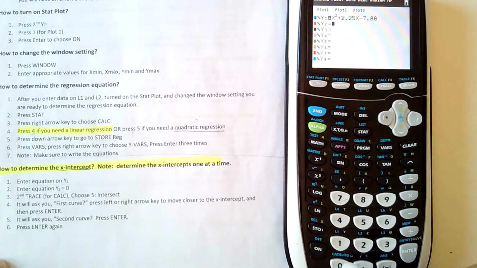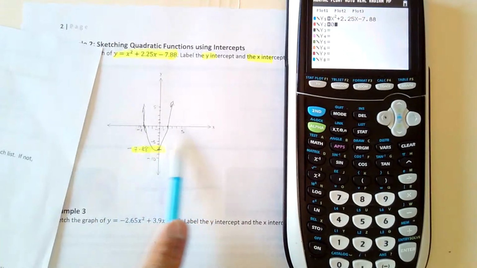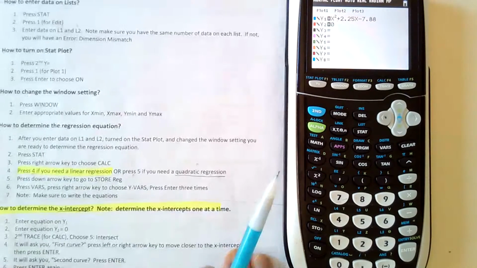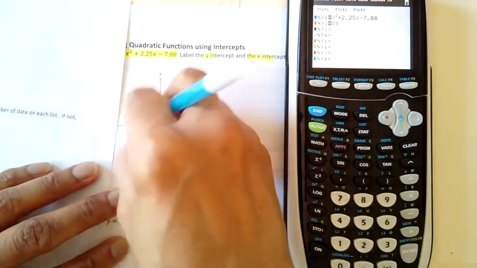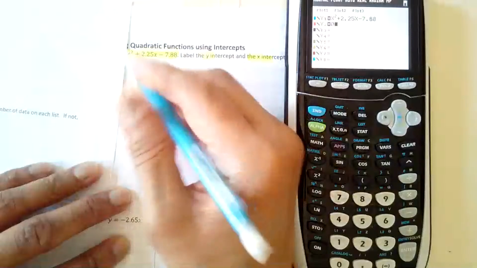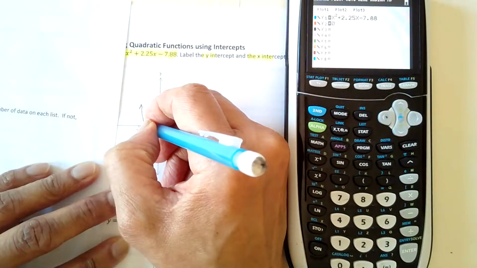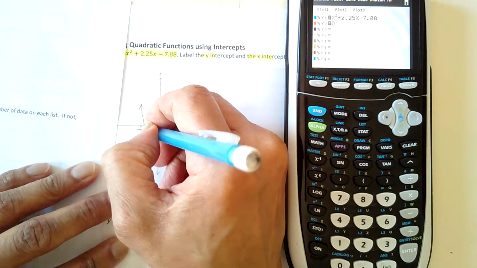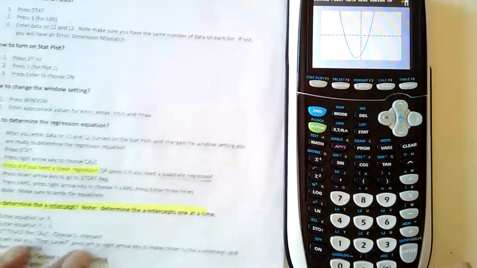So we'll have two equations, y equals 0, which goes through the x-axis here, y equals 0. And now we need to find two intercepts. So -4 here. Okay.